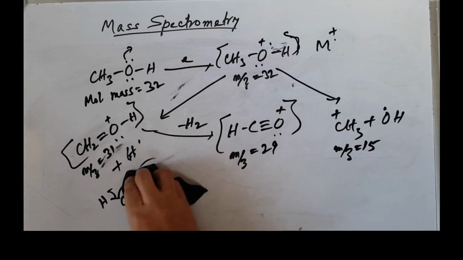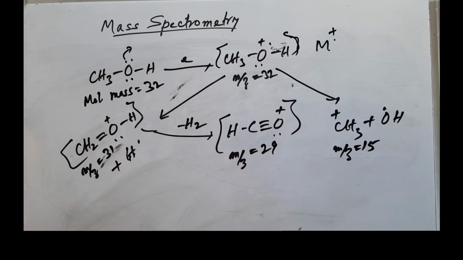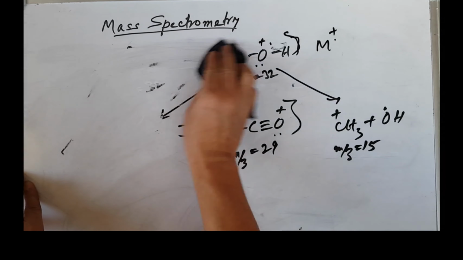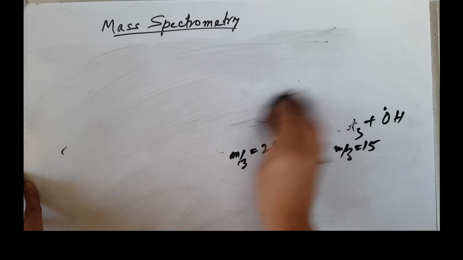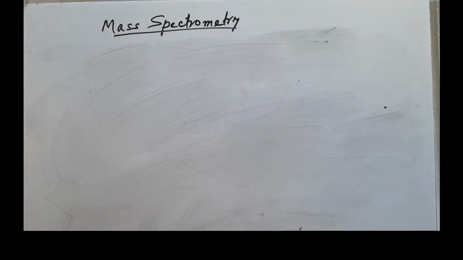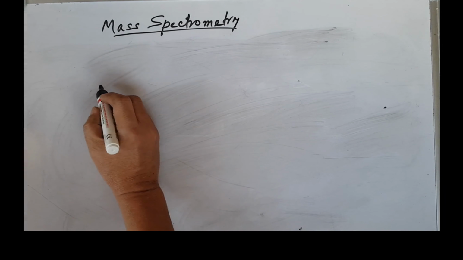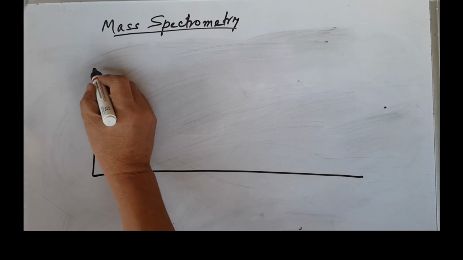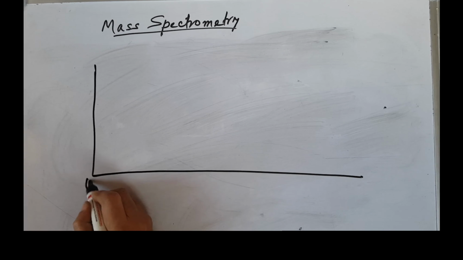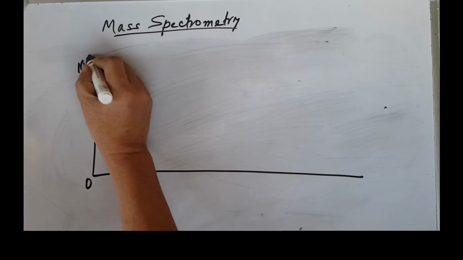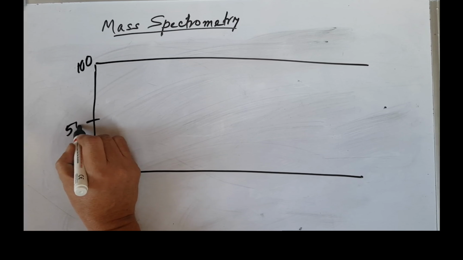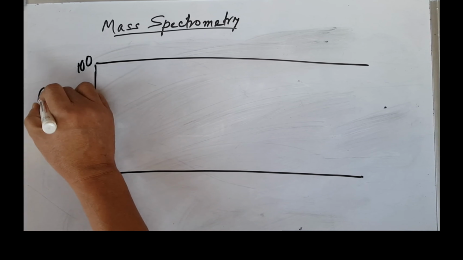So let's see the spectrum of this simple molecular ion, how it is formed. Let's see the spectrum of the methanol molecule, the fragment ions we got. So we have the mass spectrum of methanol. The scale is 0 to 100, nearly 50, and this is relative abundance.